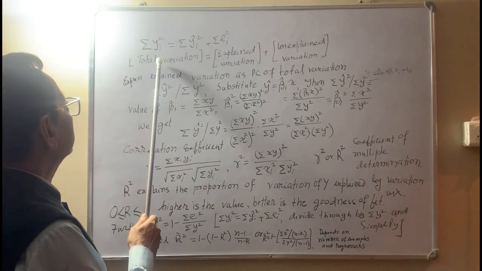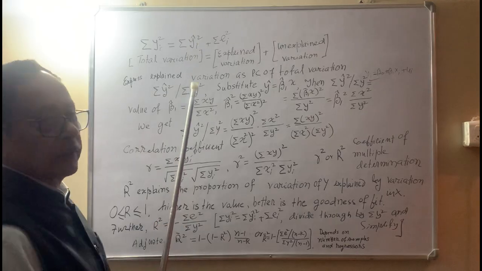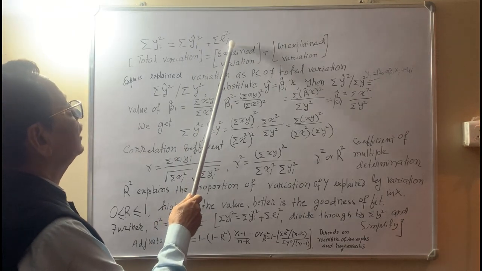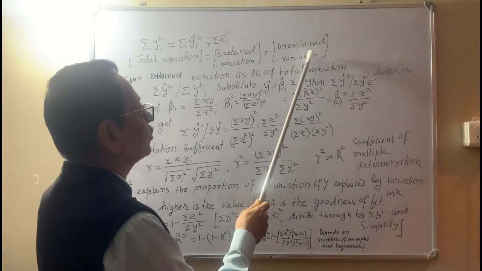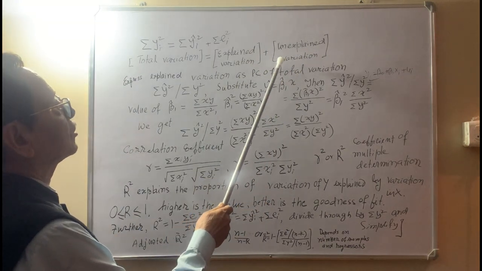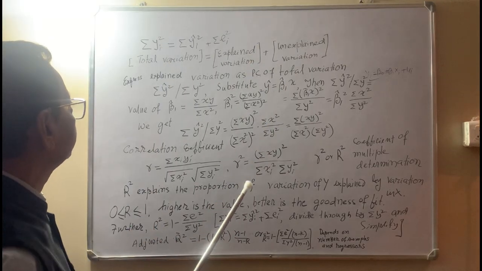Summation y_i square is total variation, summation y_i estimated square is explained variation, and summation e_i square is unexplained variation. So explained variation plus unexplained variation is equal to total variation.